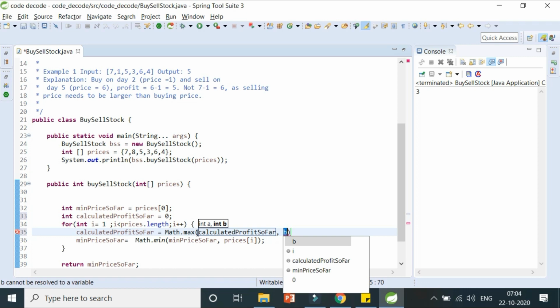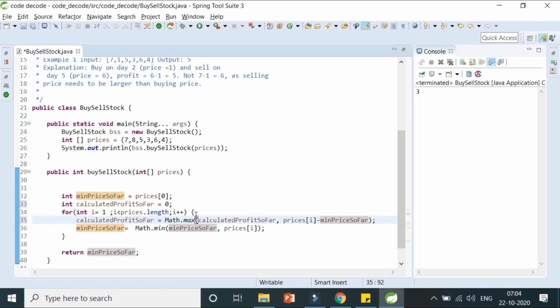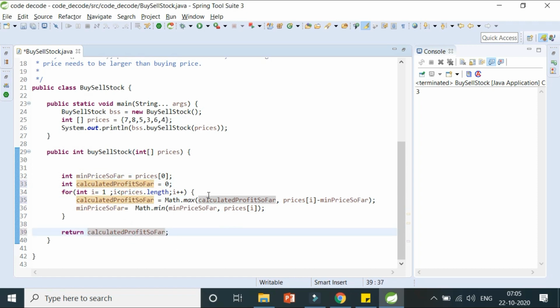Our first value would be prices[i], the price of the current stock, minus the minimum price, because that's how we calculate the profit of the current iteration, right? I hope this point is clear. So I think now we have to return this. So I think our problem is solved.